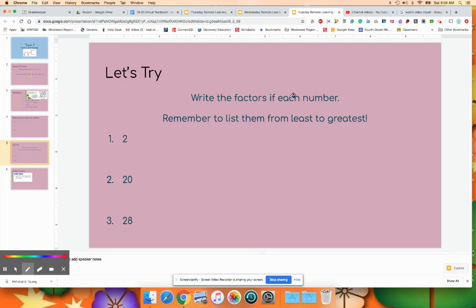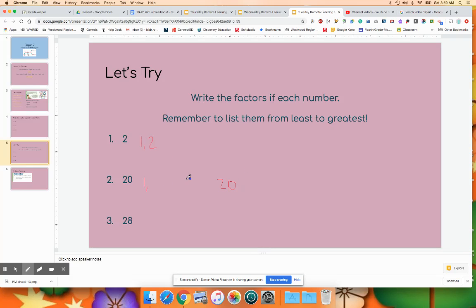So here, I write the factors of each number. Remember to list them from least to greatest. So the factors of 2 are just 1 and 2. The factors of 20 are 1, and I know some people like to set up and do this. Just make sure they list their factor pairs, but in the list, if that makes sense.